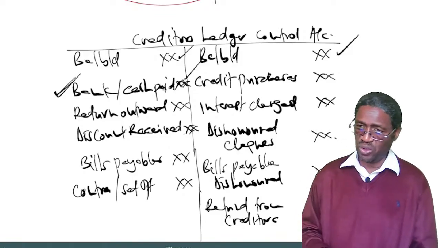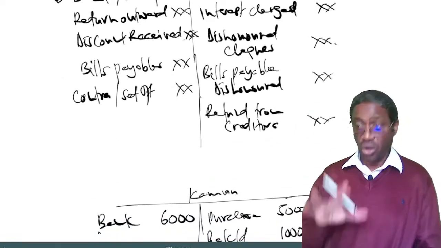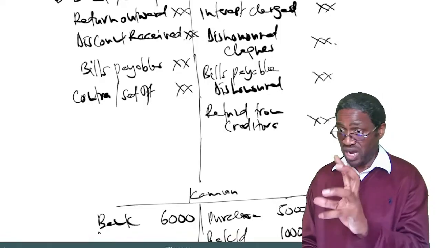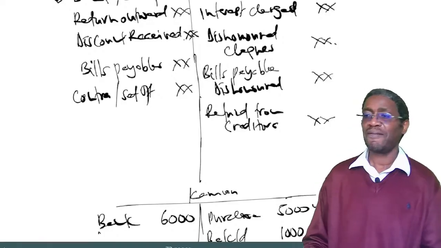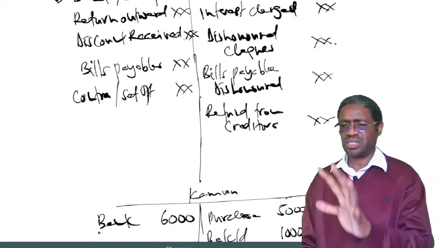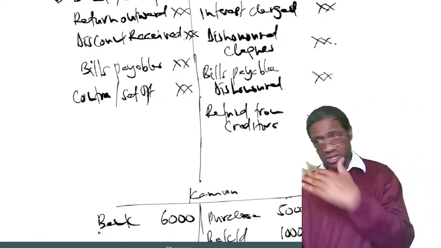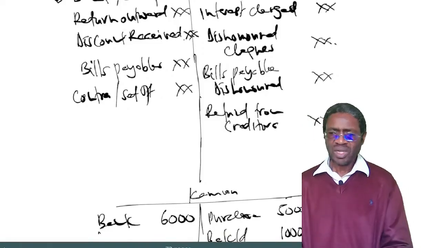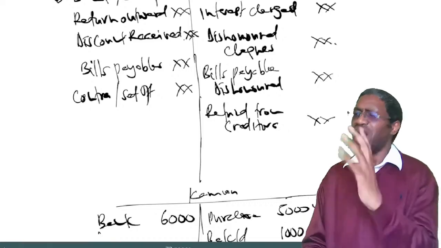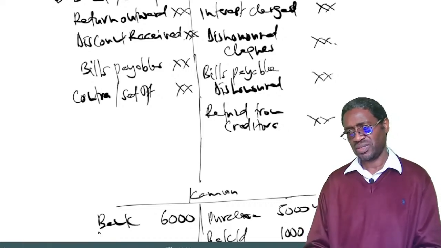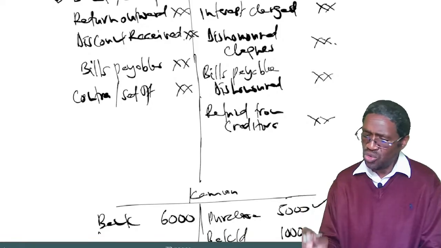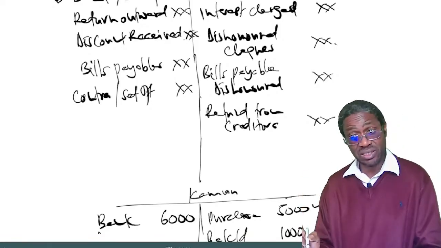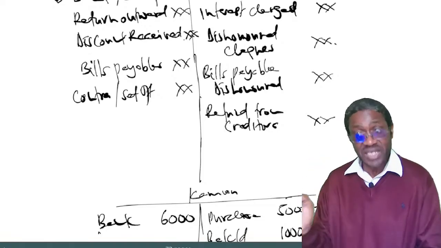Good. Let's move on. Now, closing balances. Be very careful. In most cases, creditors are always a credit balance. We have said that. It's a liability, and a liability is always a credit balance. But you cannot bring it down on the credit side without carrying it down.